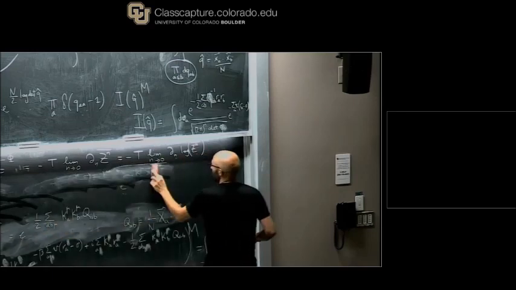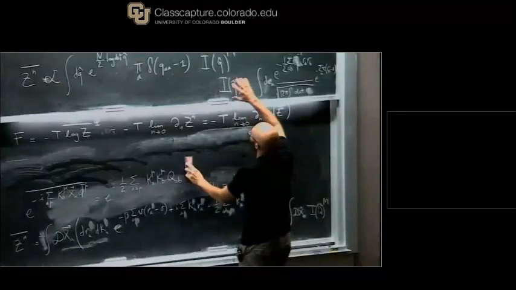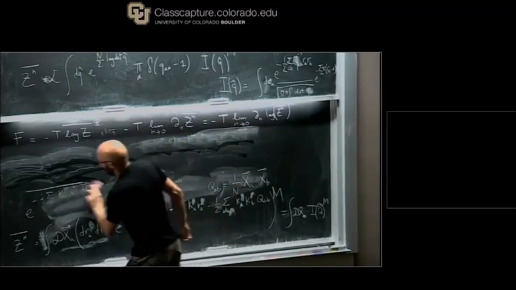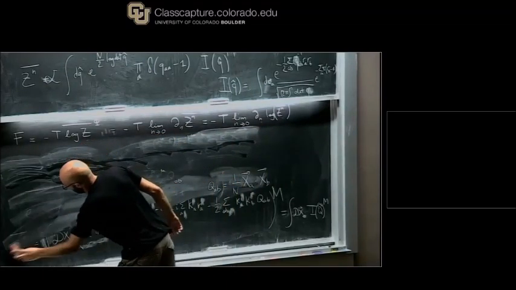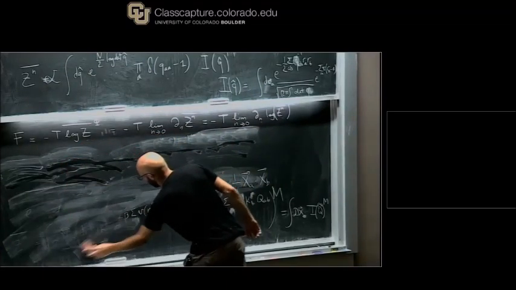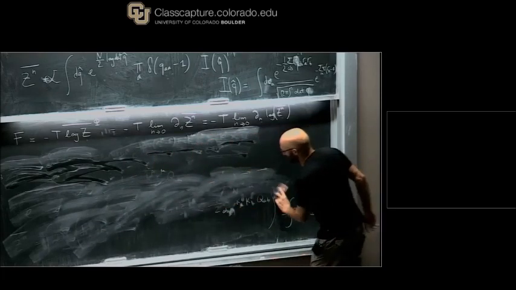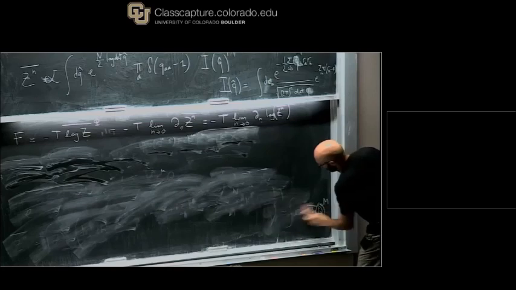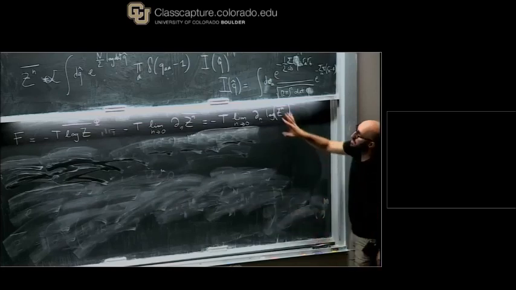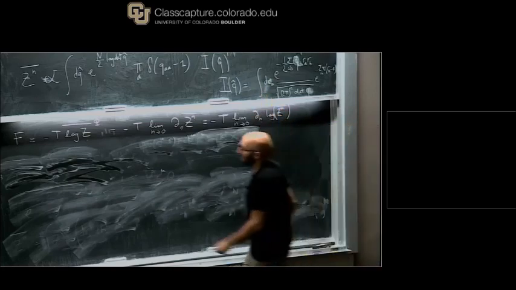Now this thing is only a function of q_ab, so I don't have any more large N variables in the integral. I only have little n squared variables, which are the q_ab.